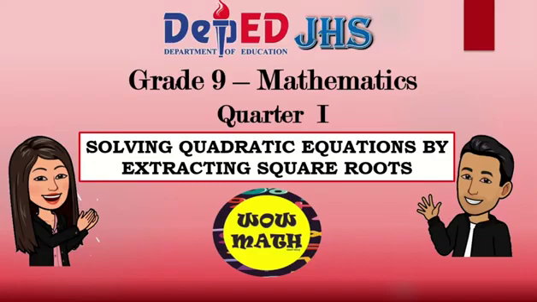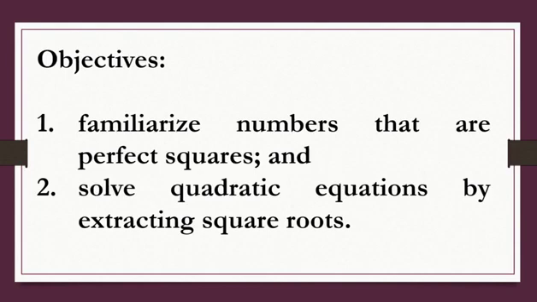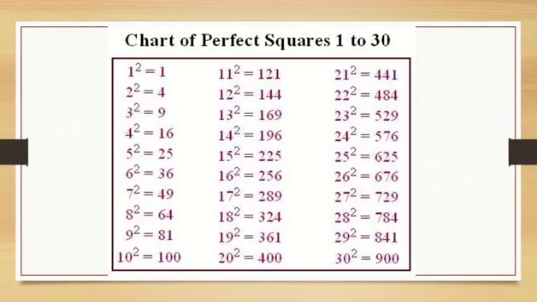Mga kaibigan, in this video, we will familiarize ourselves with the numbers that are perfect squares, and we will solve quadratic equations by extracting square roots. So first, i-familiarize natin ang sarili natin sa mga numbers that are perfect squares.